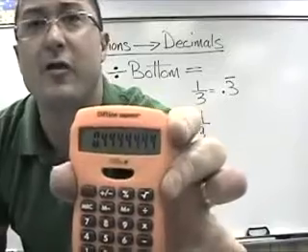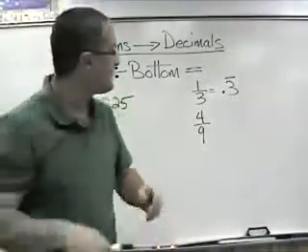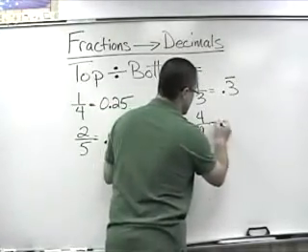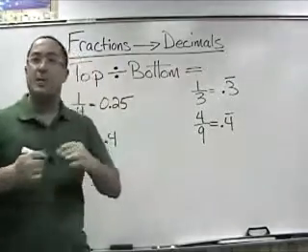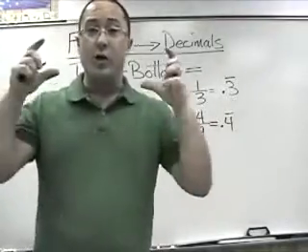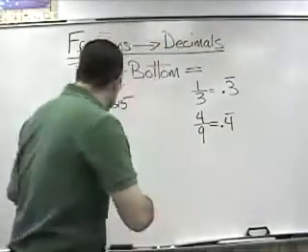Equals 0.444444444. So once again, that's 0.4 repeating. You have to make sure you put the repeating bar over the part that repeats. And we're going to get into that a little bit more.